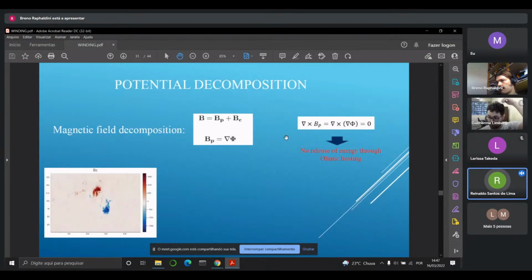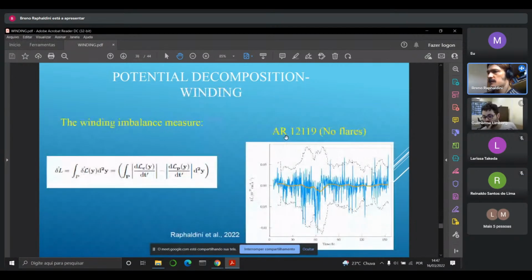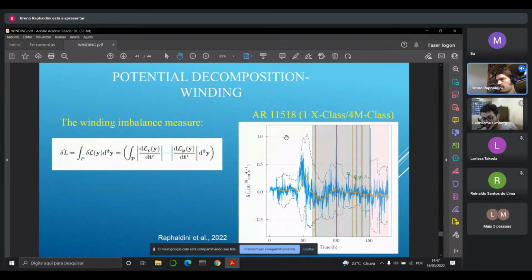Can it be used to predict the flares with some hours of notice? Yes, at least from what we observe in this pattern that we show here, for the most prolific active regions in terms of number and intensity of the flares, we see this pattern of very strong input here, and then it's followed by the start of the activity. And here it precedes the start of the activity by about 15 to 20 hours.